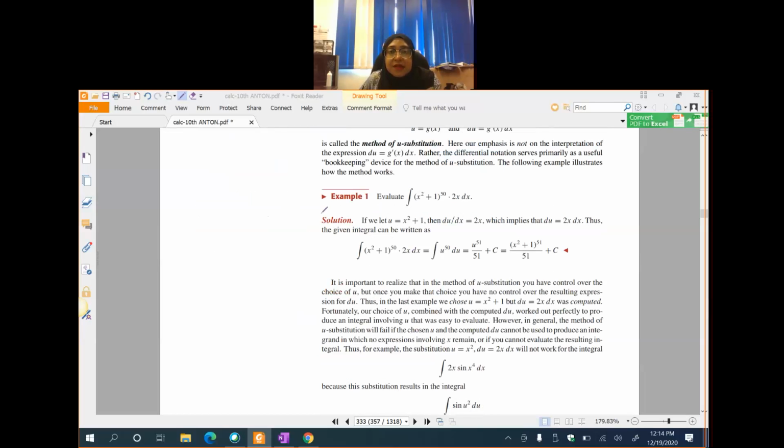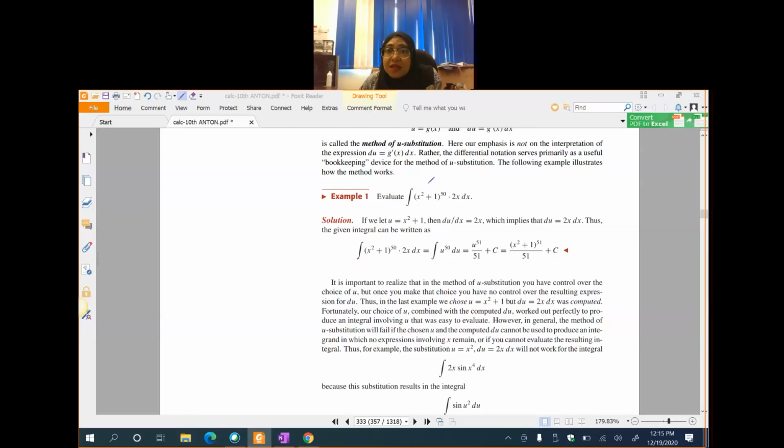Okay, for this one, example 1, the integral of (x squared plus 1) to the power of 50 times x dx. Okay, so if we look at the example, you know that you can do the substitution. Why is that? It's because the substitution involves differentiating.